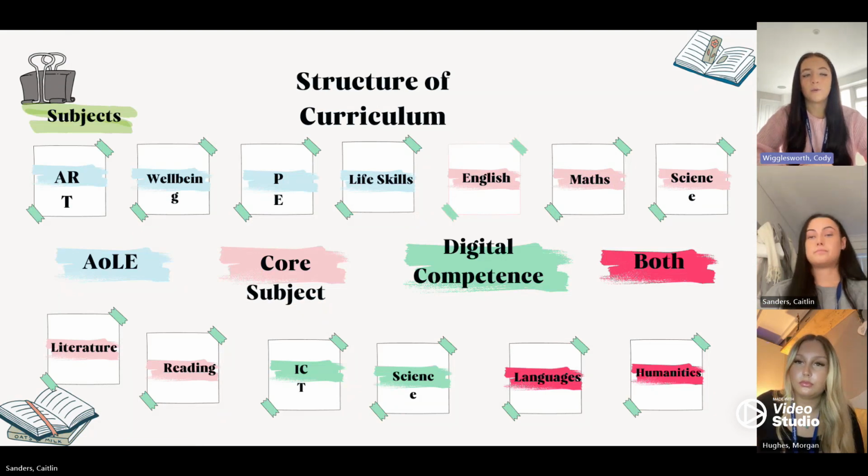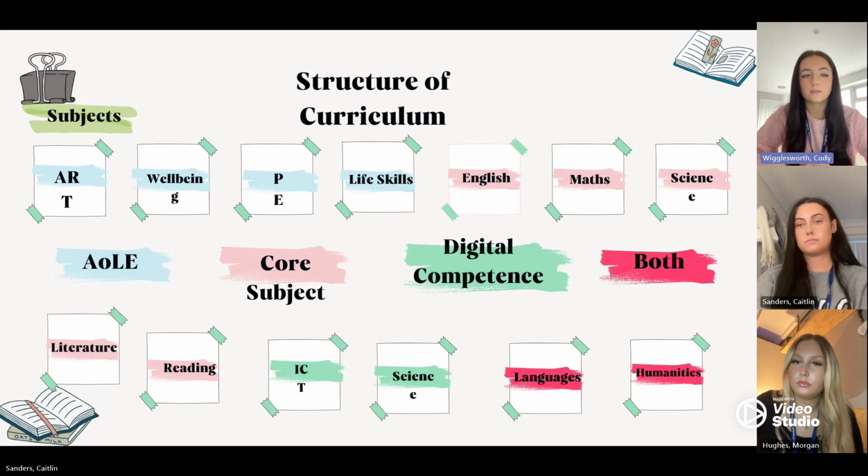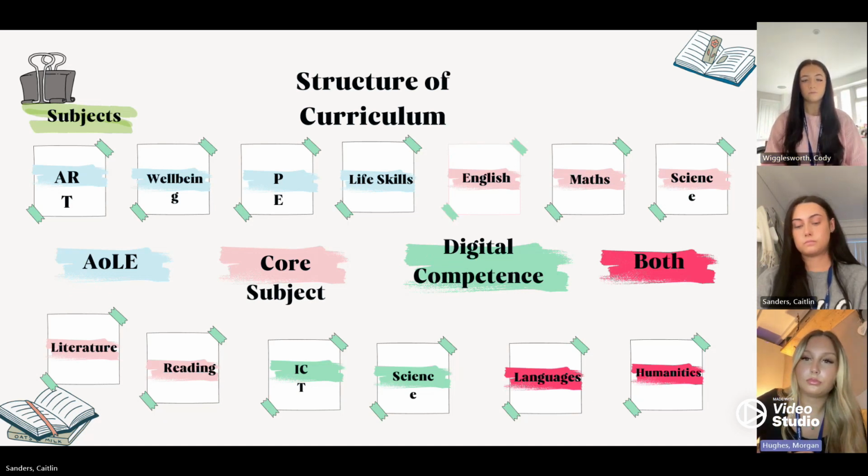The structure of our curriculum has 4 subsections. For example, areas of learning and experience, core subjects, digital competence, and both areas of learning and experience. Firstly, areas of learning and experience. These subjects include art, well-being, PE and life skills.